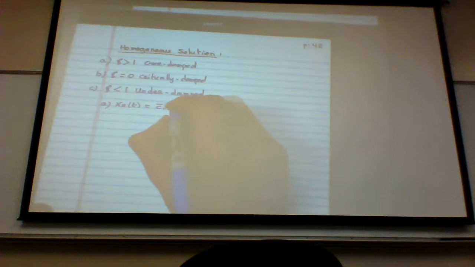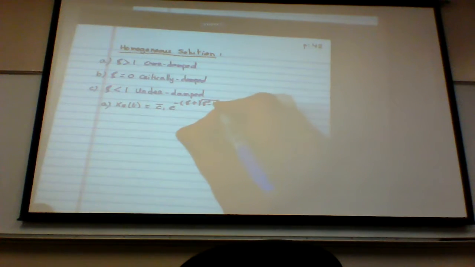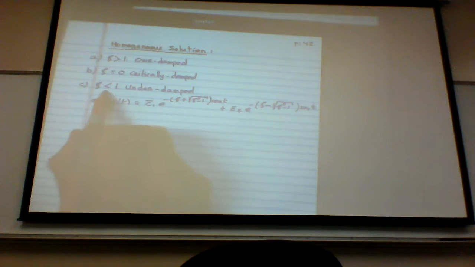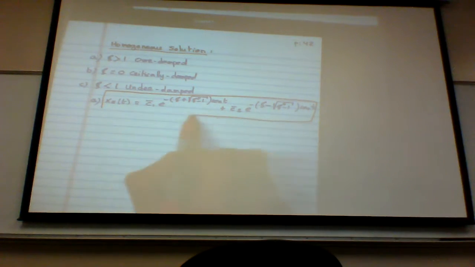Remember the general form was C1 exponential of minus zeta plus square root of zeta squared minus 1, close parentheses, times omega n t, plus C2 exponential of minus zeta minus square root of zeta squared minus 1, times omega n t. So if the system is overdamped, this will be your x homogeneous.